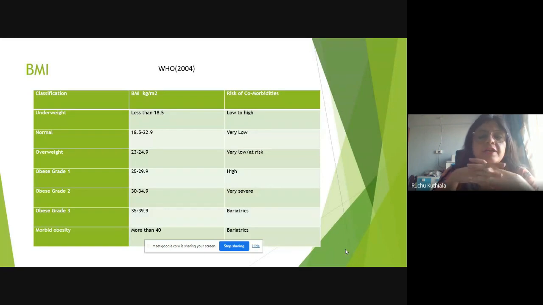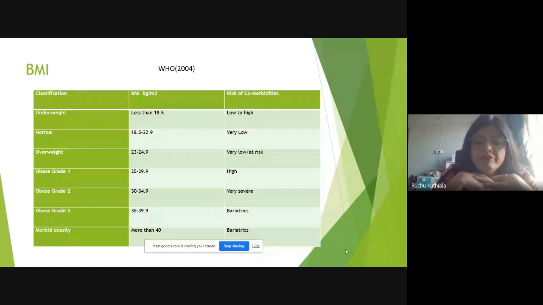So for the Asian countries, WHO has said, you can see this, that after the calculation, if your answer is coming 27.8, that means you go under obesity grade 1. If your answer is coming 32, that means you go under obesity grade 2.